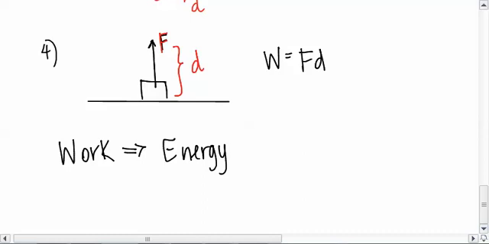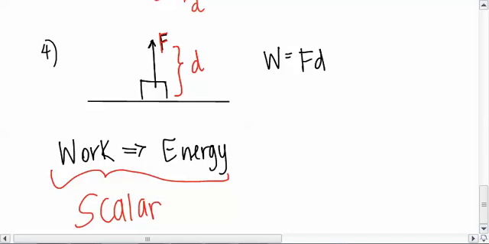It's a scalar. So we can either add energy to a system, we can do work on a system, or we can take energy out of the system, transfer it to other forms of energy, or work is done by that system. Okay, so work is a scalar. Both of these guys are a scalar.